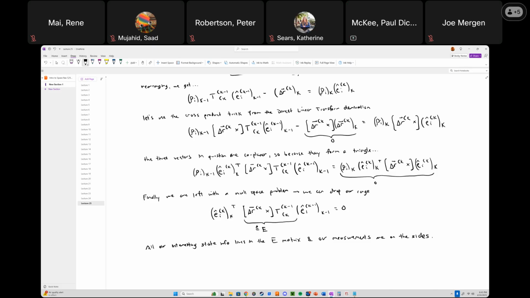Okay, so we're going to end up with something that we can get directly from our measurements times E times something else that we can get directly from our measurements equals 0. Solve for E. Right, so there's that whole math problem. How do we solve for E? And that is called the 8-point algorithm. And then we can actually extract delta R and T from E, which is its own thing.